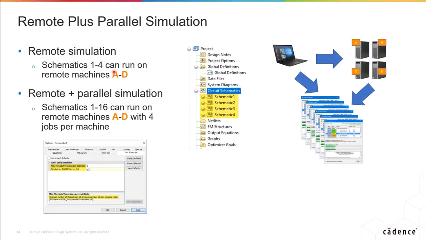So run those 4 schematics on A through D. So schematic 1 goes to A, for example, 2 to B, 3 to C, etc. So that would run considerably faster. And then if you say had 16 schematics, and then you wanted to run those all at the same time, you could send them off to A, B, C, and D and have them run in parallel on each of those. And just a little graphic here to show how you might set something like that up in AWR.